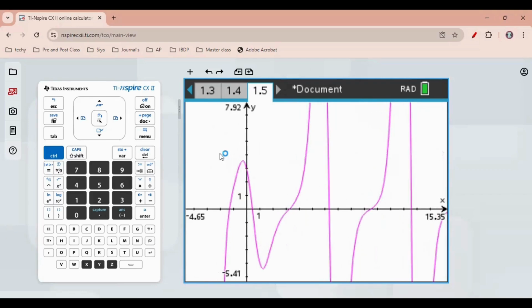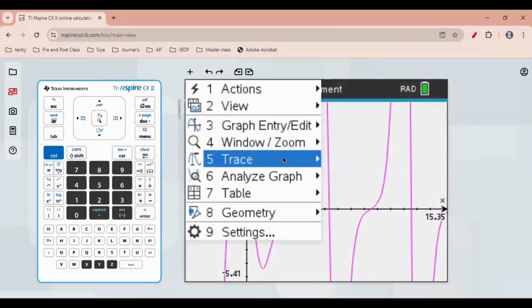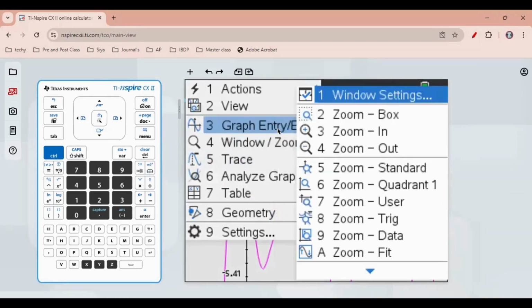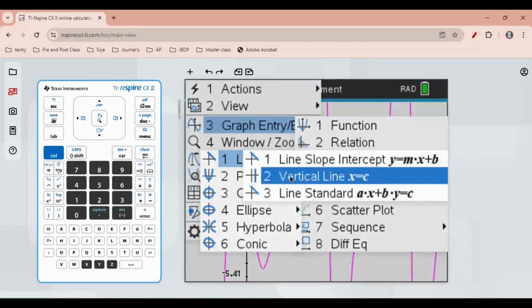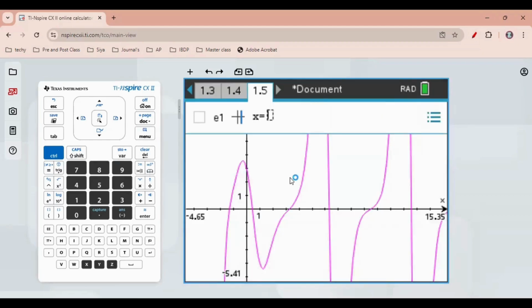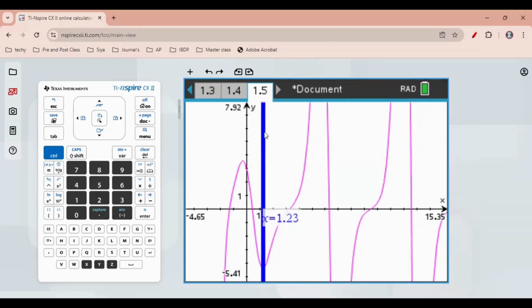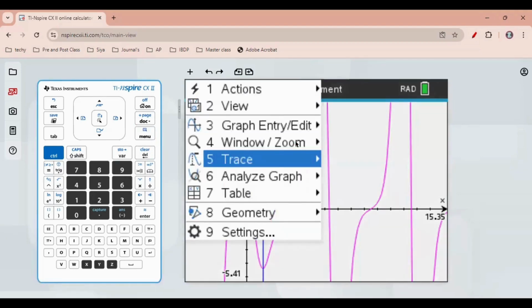We are looking at the first quadrant, integral 1.23 to 5.69, which means the bounded area. So let me plot 1.23. X equals 1.23 is the equation of a vertical line, since x equals a constant. And one more is x equals 5.69.